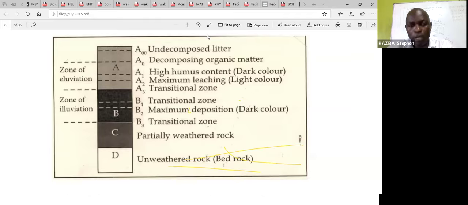If you're coming up with a problem, look at the photograph. Is there a mountain? If there's a mountain, look at the problems associated with the mountain. For example, landslides, and the evidence is the steep slopes in the background. Soil erosion, the evidence is steep slopes in the background. Are you getting it? If there is a water body, you will refer to the water body in the foreground as evidence.